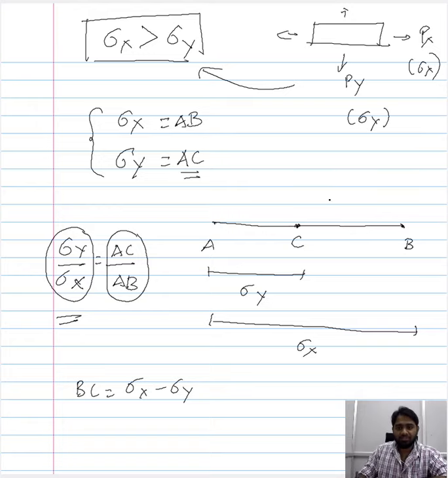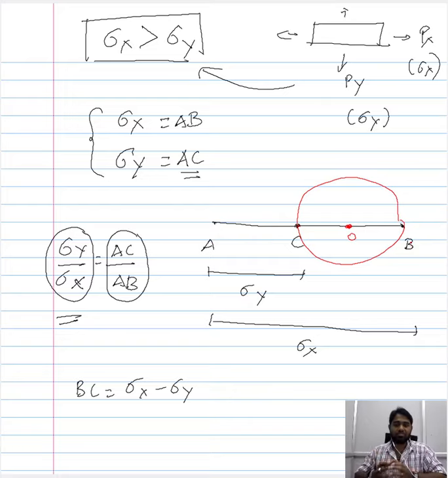Between this region BC, let us draw a circle. So that is a circle between B and C, and let us assume O is the center point of this circle. We have AC and AB, which represent the magnitude of stress along the y and x direction respectively, and BC is nothing but the difference in the stress acting along the x direction and the y direction.